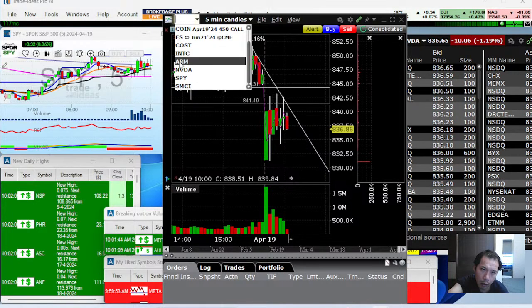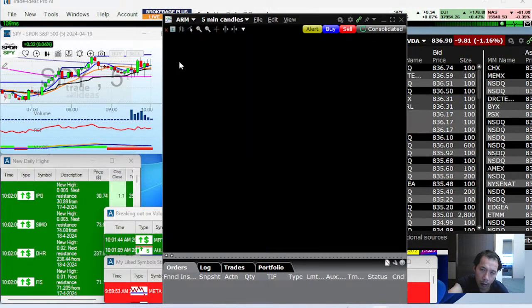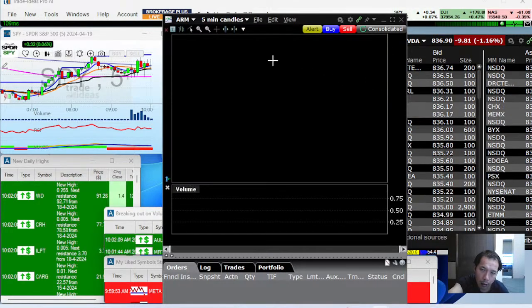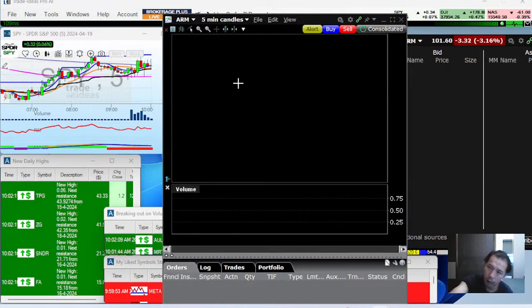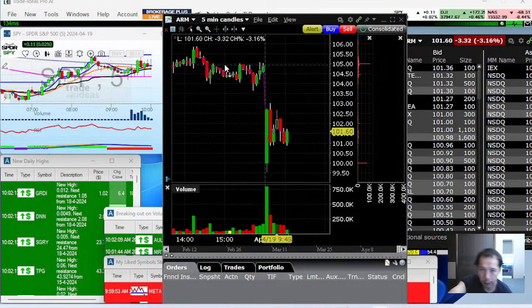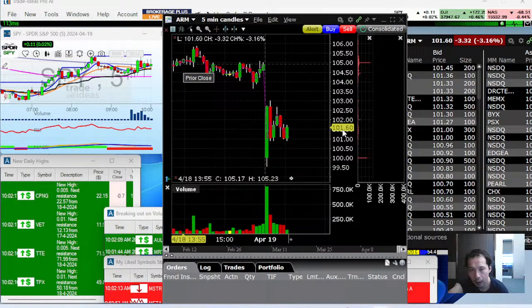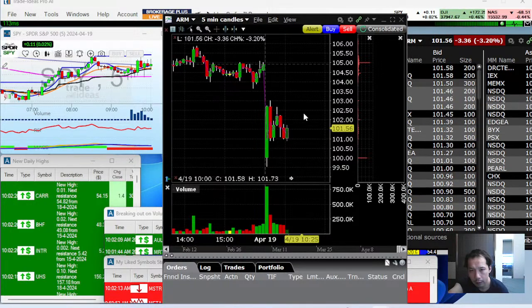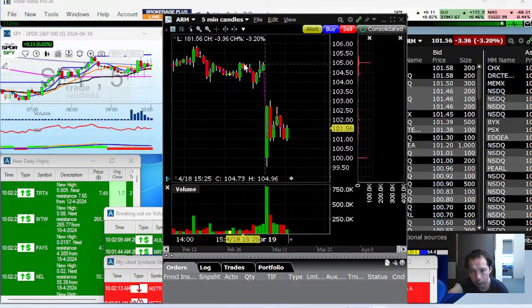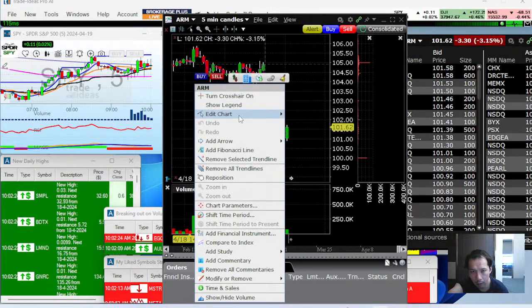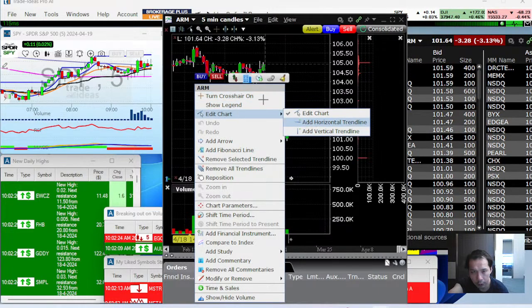And ARM down sharply, at the 100 level range.